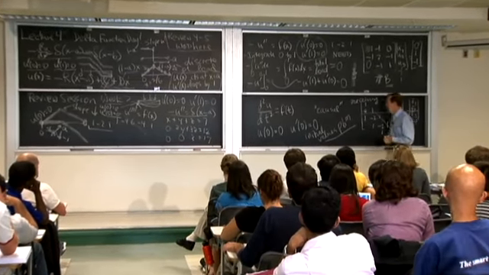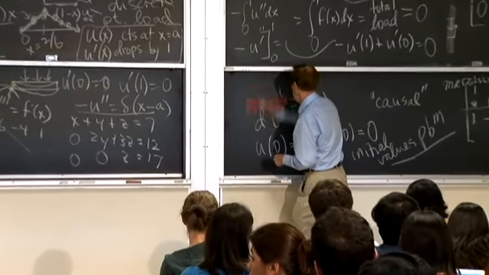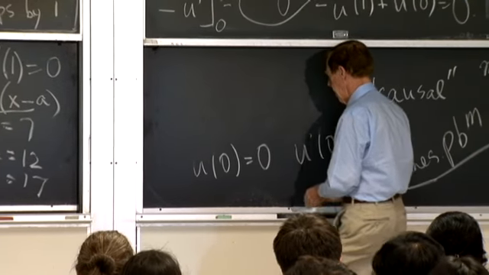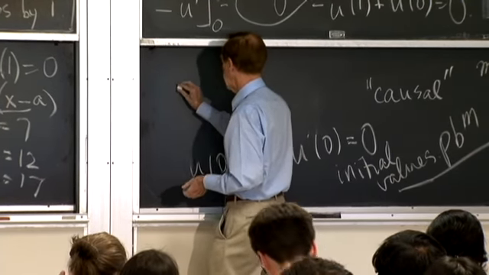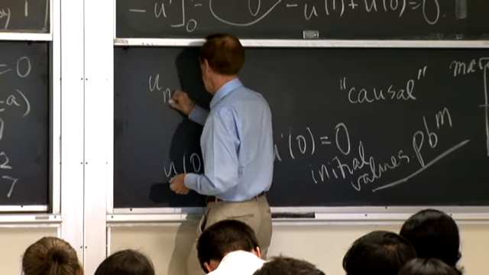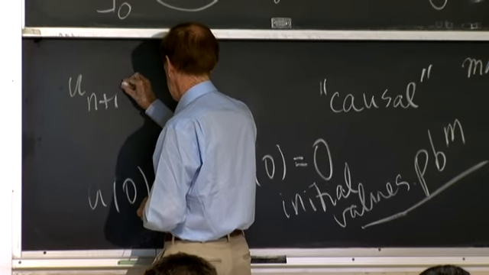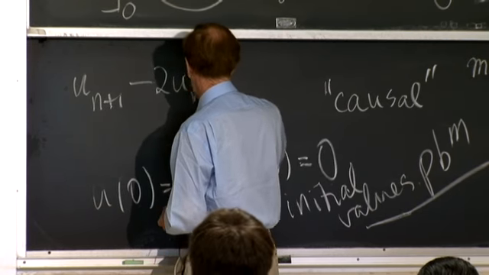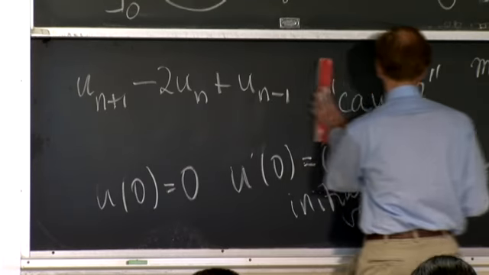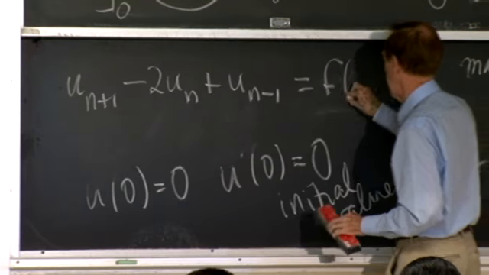Okay. So let's see. I would replace this by maybe u, I'll use a different letter, u_{n+1} minus 2u_n plus u_{n-1} is some right-hand side, if there's a force acting on my thing.